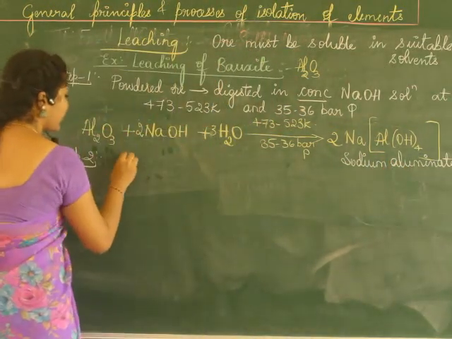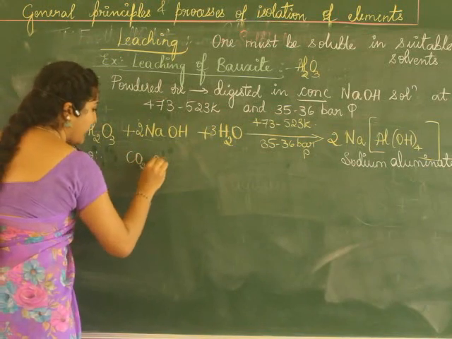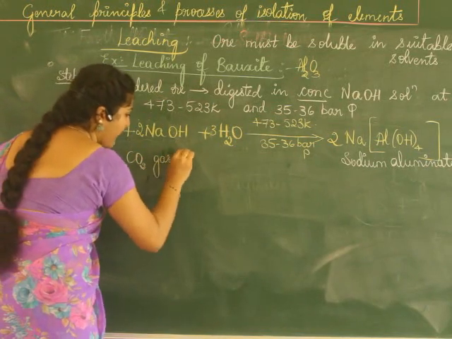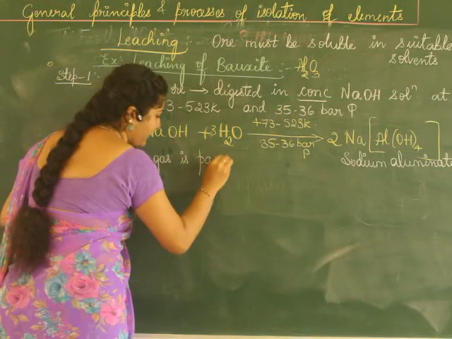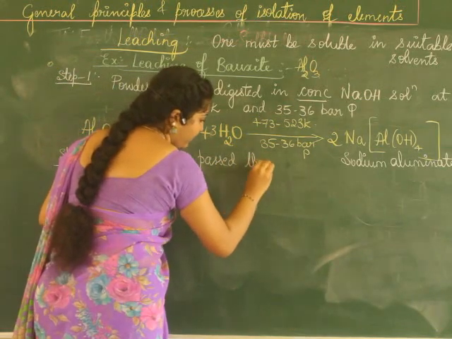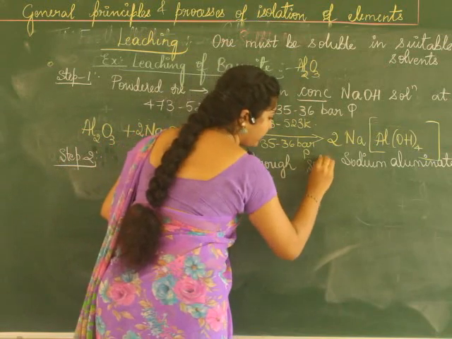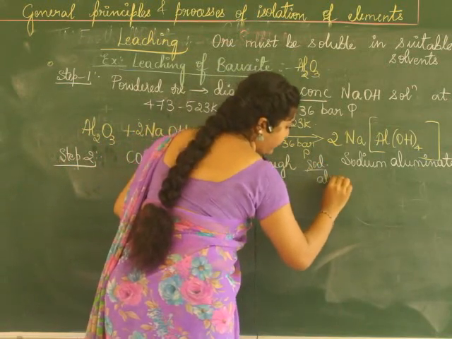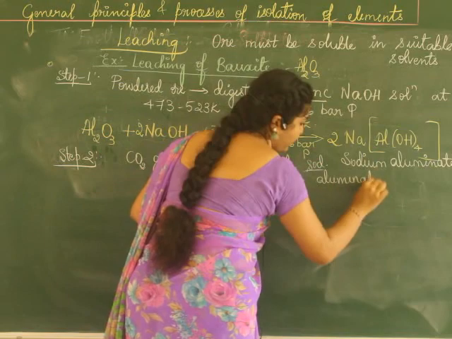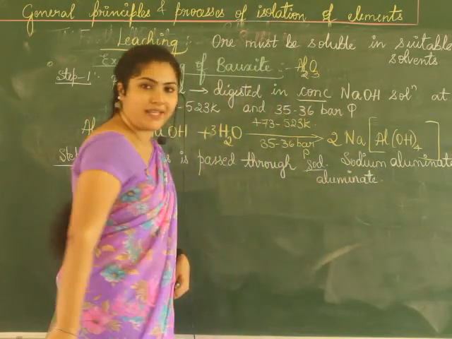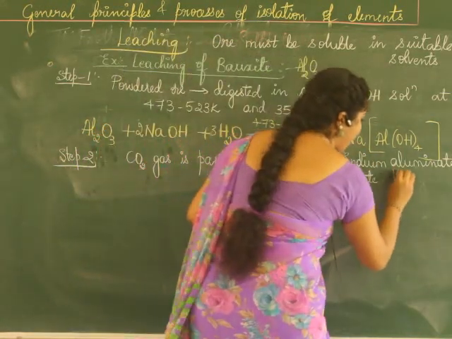So carbon dioxide gas is passed through sodium aluminate. What happens?